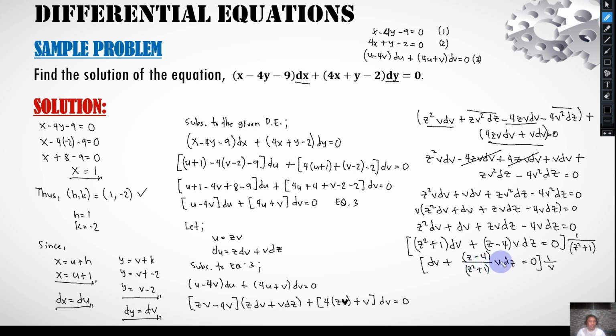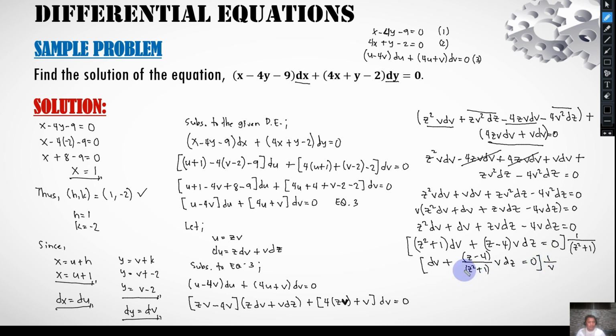Yung mga hindi z, ilalagay sa tamang lalagyan niya, in which itong v ay sana dito siya malolocate sa in terms of v, itong dv. So, that's why we multiply the whole equation with 1 over v.